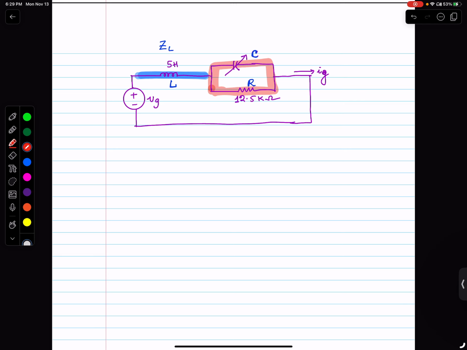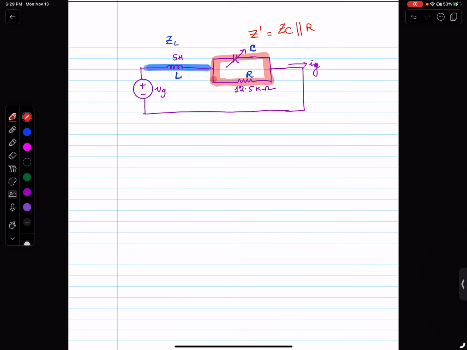Okay, let's call this, I don't know, I'll call this Z prime, where Z prime is simply C in parallel with R. Okay, the impedance of the capacitance in parallel with the resistance.